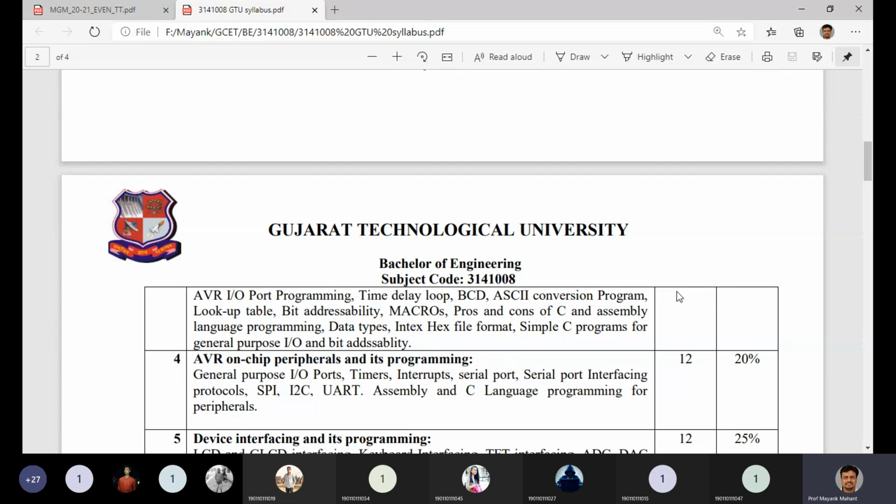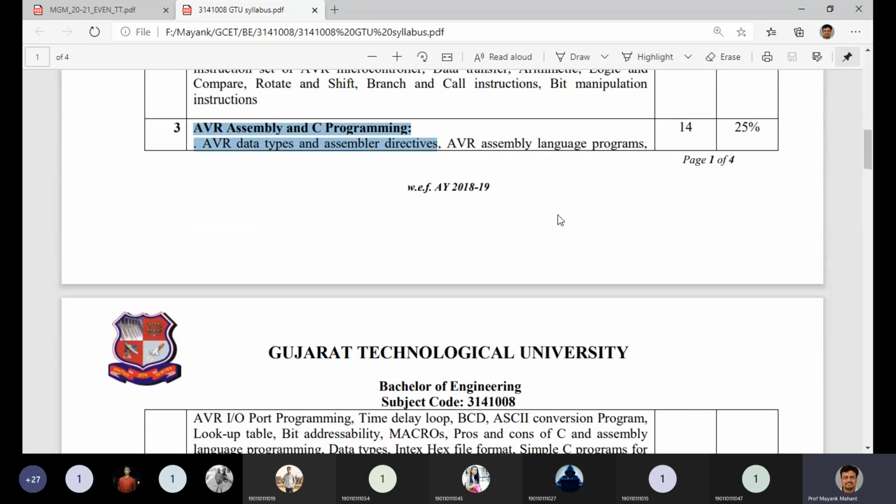Suppose I want a task to be carried out by you, then I need to instruct you in a language which you understand. So there are basically three ways we can give an instruction to a microprocessor or microcontroller.